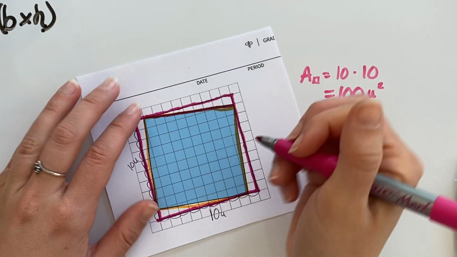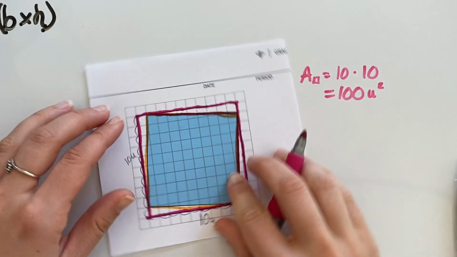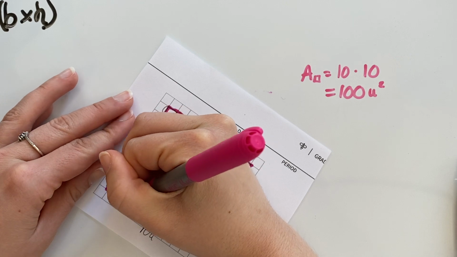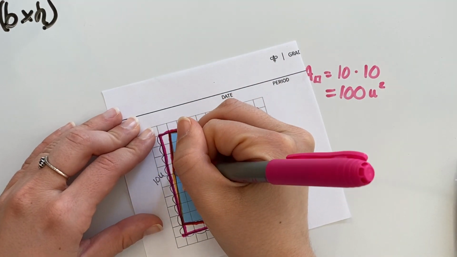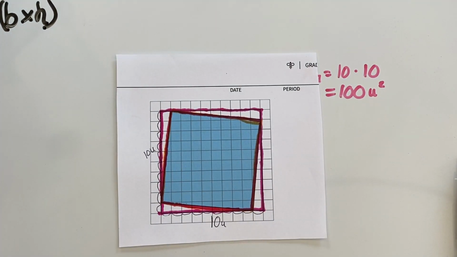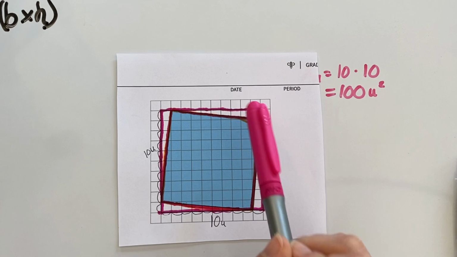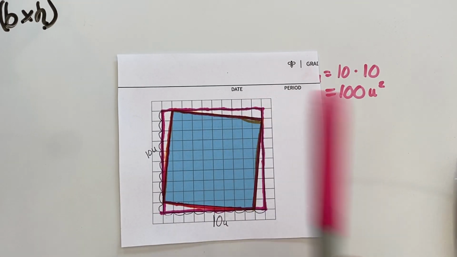So there's 1 triangle. Here we have 2 triangles. Here we have 3 triangles, and here we have 4 triangles. So as you can see, my blue square is aligned with these pink triangles.